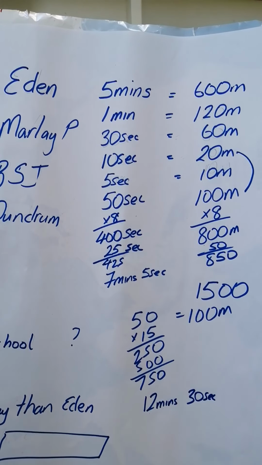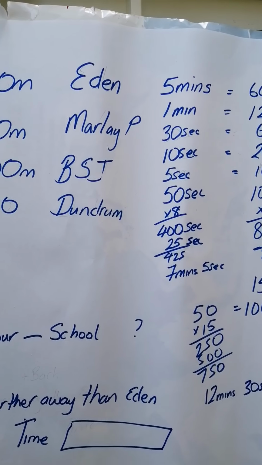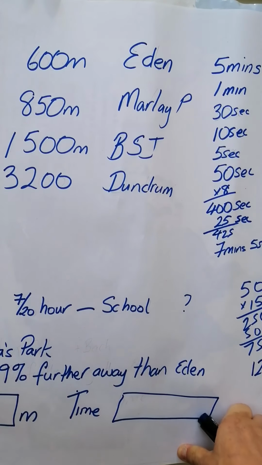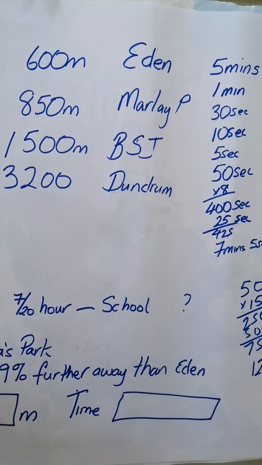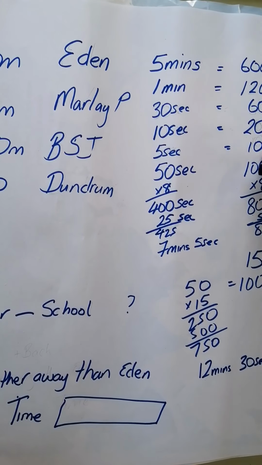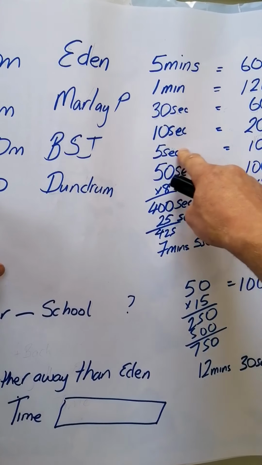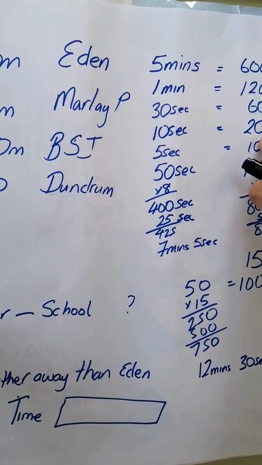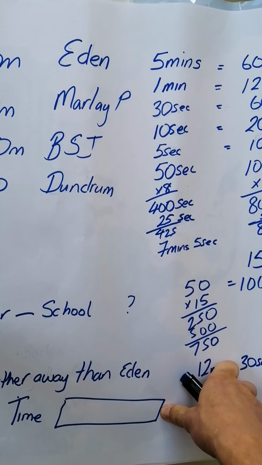Okay. And the last one was the longest one, which is 3.2 kilometers away. You can do it lots of ways. Like, I know what 20 meters is, 10 meters is. I can multiply this by 320 and get my answer. I can multiply this by 160, because it's 160 times bigger, to get my answer.